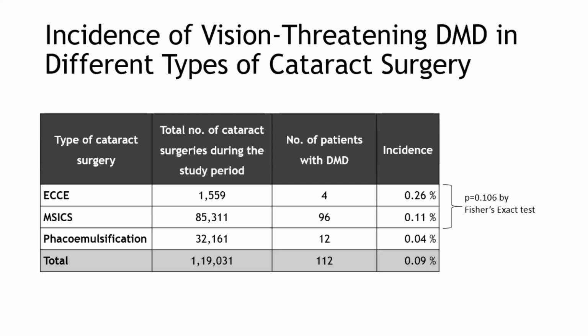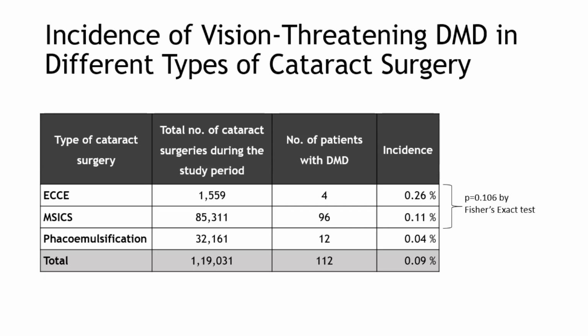Though the percentage of DMD in ECCE is more than SICS, it is not statistically significant. So you cannot tell that ECCE causes more DMD than SICS. Okay. So what should the statement be? There is no statistically significant difference between the incidence of DMD in SICS or ECCE. So that would be your statistical statement.